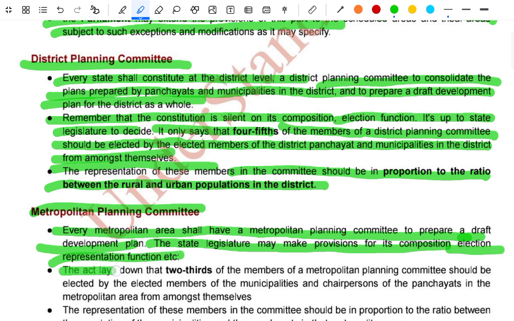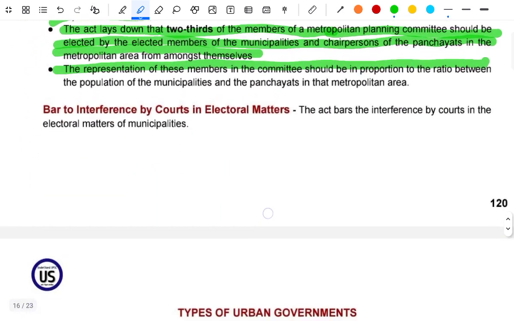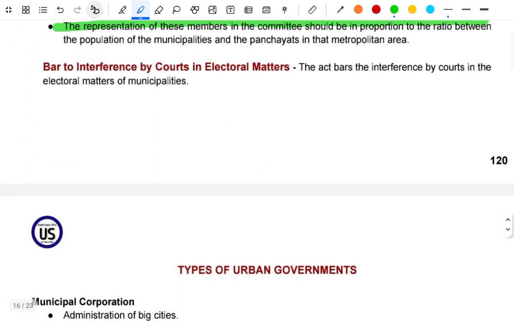The act lays down that two-thirds of the members of the Metropolitan Planning Committee should be elected by the elected members of the municipalities and chairpersons of the panchayats in the metropolitan area from amongst themselves. The representation of these members in the committee should be proportional to the ratio between the population of the municipalities and the panchayats in the metropolitan area.